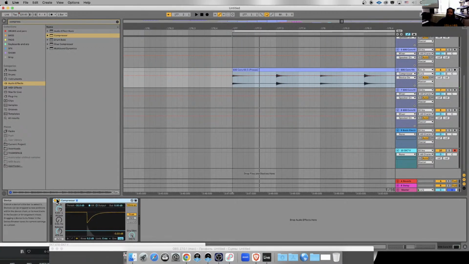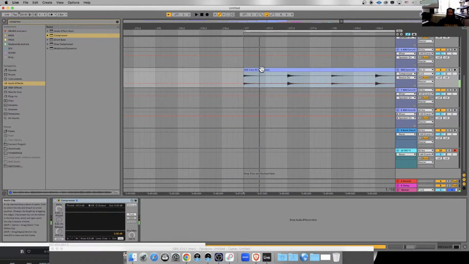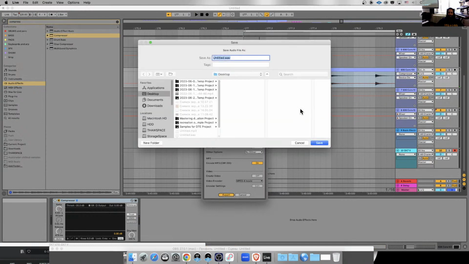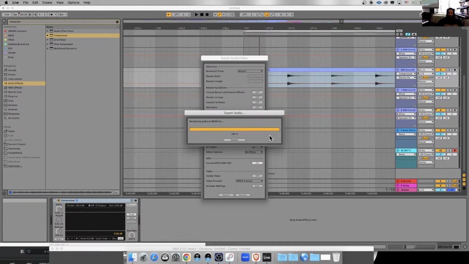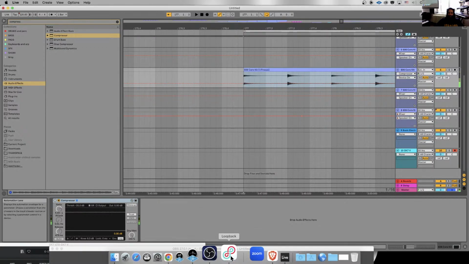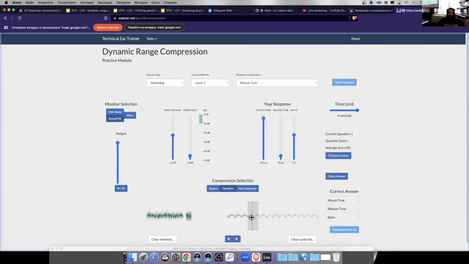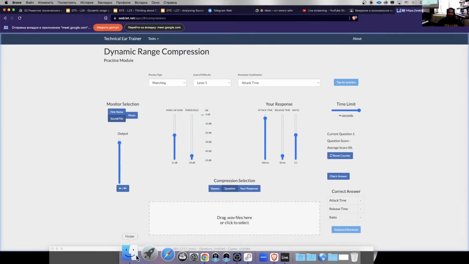Yeah, that's why. Wait. Yeah, because it looks really weird. Let me just export this. Every file I take to this ear trainer becomes like this sounding, and it's very strange.